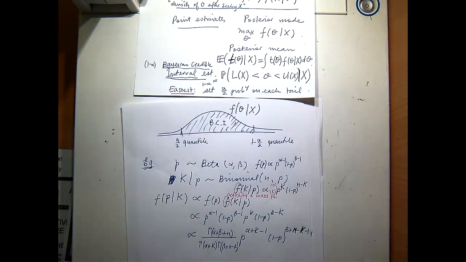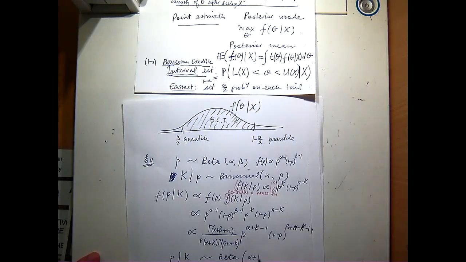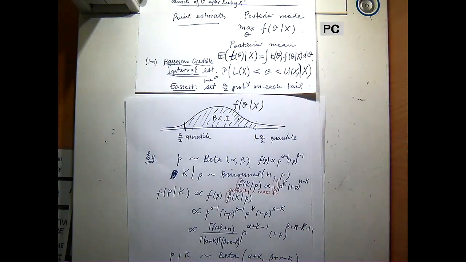There's only one constant that works for a beta. So P, to summarize, we would say that this has a distribution beta with parameters, just as before, alpha plus K, beta plus n minus K. So that is the posterior distribution.